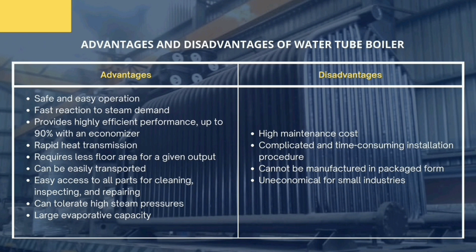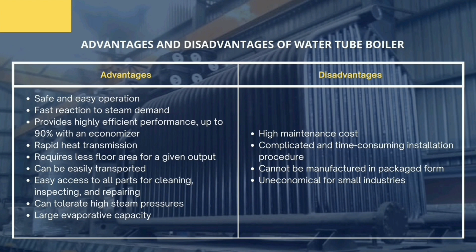The advantages of the water tube boiler are that it is safe and easy to operate, has fast reaction to steam demand, provides high efficiency performance of up to 90%, rapid heat transmission, requires less floor area for a given output, can be easily transported, has easy access to all parts for cleaning, inspecting and repairing, can tolerate high steam pressure, and has large evaporative capacity.